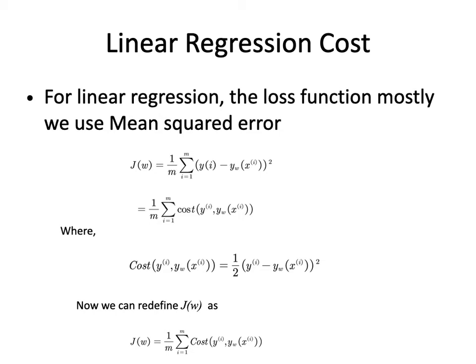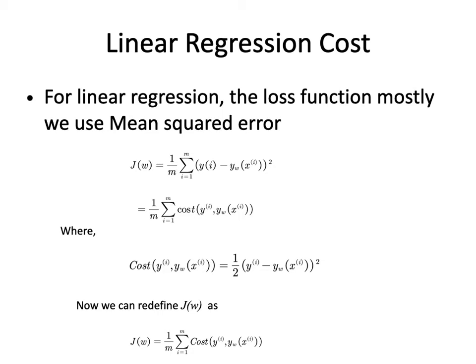For linear regression, the loss function we mostly use is the mean squared error, which represents the difference between the actual output and the predicted output, iterated over all data points, then we square it and take the average. That is MSE, or mean squared error.